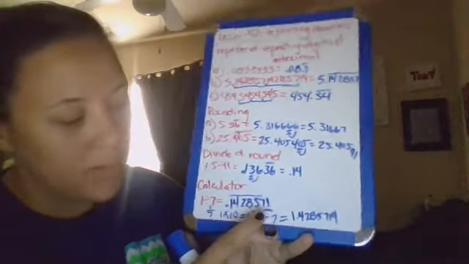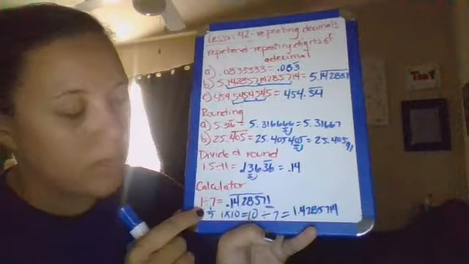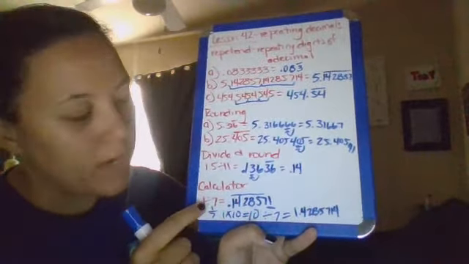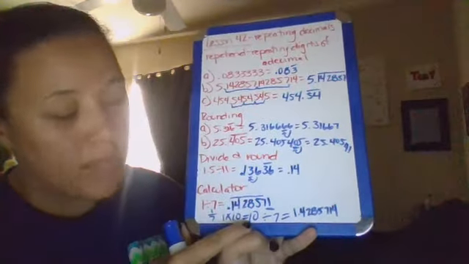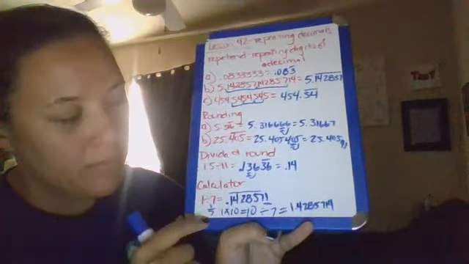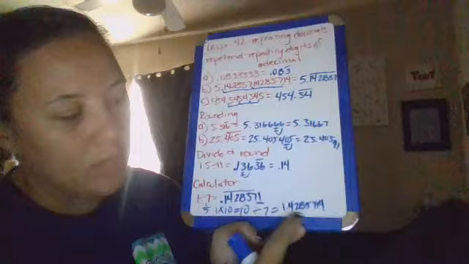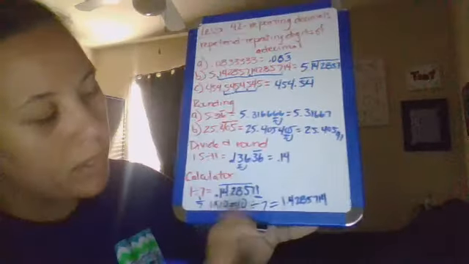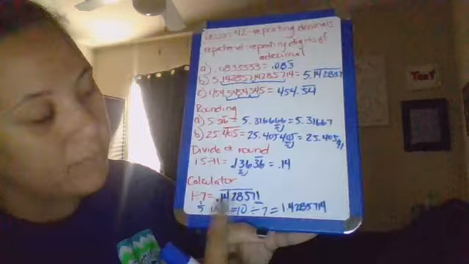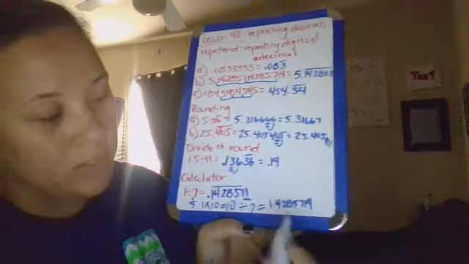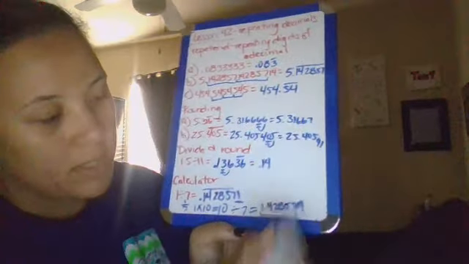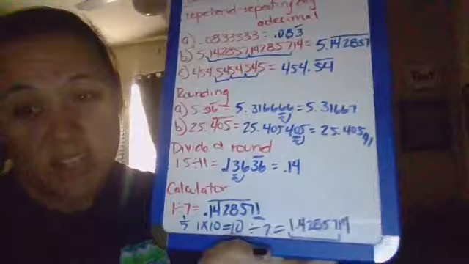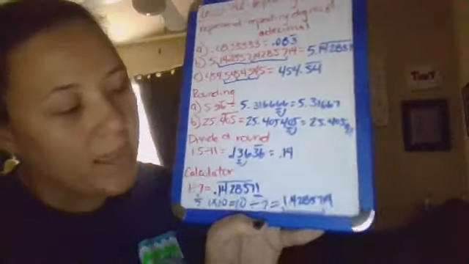We didn't know if it was repeating. So we created a fraction. We multiplied our numerator by 10 and got 10, divided by the denominator, which is 7, and that equaled 1.4285714, which confirms that this number is repeating, because this number is the same. So that's just if we have a calculator and it didn't go far enough.